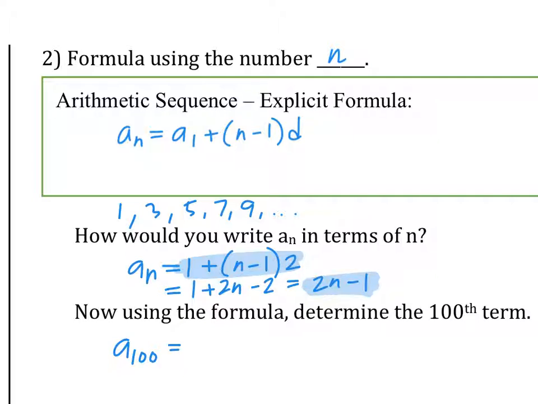Hey, Josh, do you have the answer? What is the 100th number? 199. Okay, good.